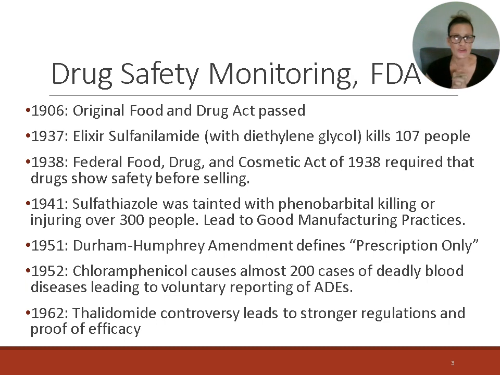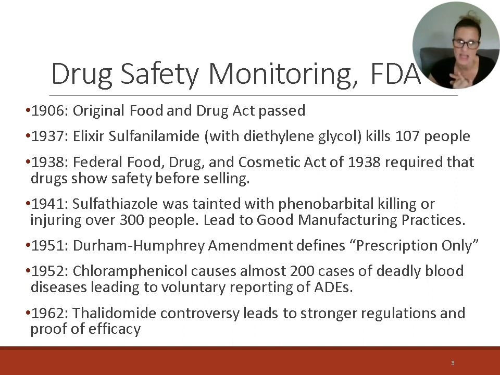In 1937, the elixir sulfanilamide, which has an alcohol in it called diethylene glycol, unfortunately killed 107 people, which showed the need to establish drug safety before marketing.